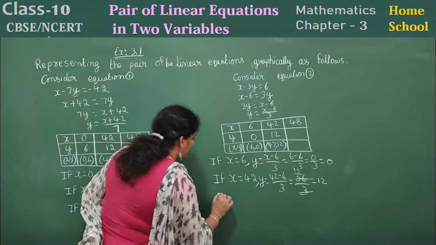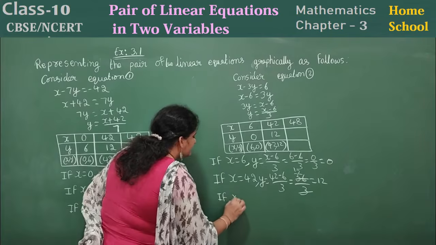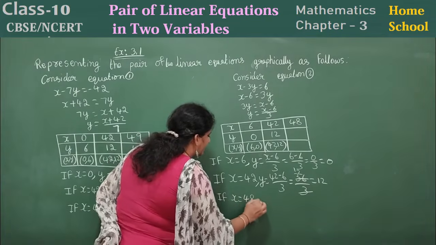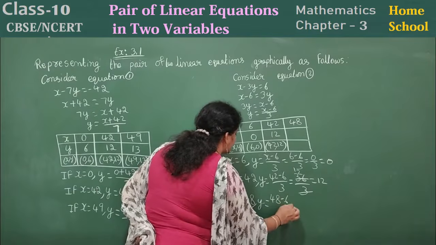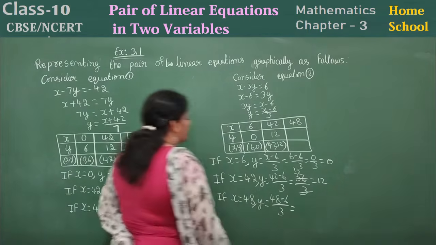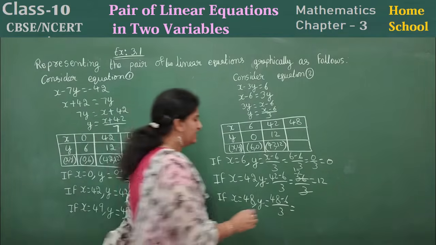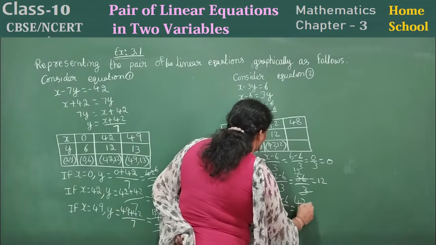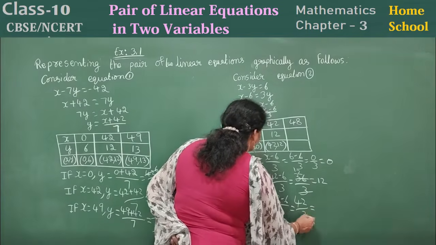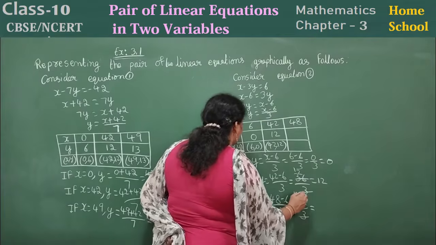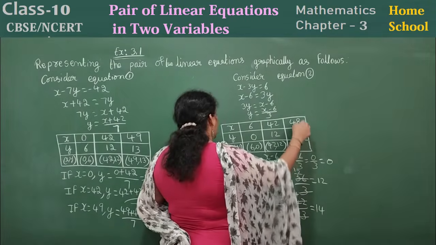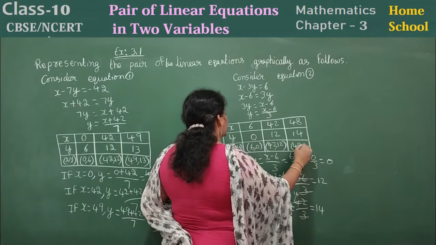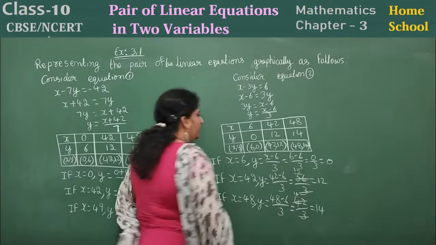Next one. If x is equal to 48, y is equal to 48 minus 6 by 3. What is 48 minus 6? It will be 42 by 3. That will be 3 1s are 3, 3 4s are 12, 14. 48 comma 14 is your coordinate.